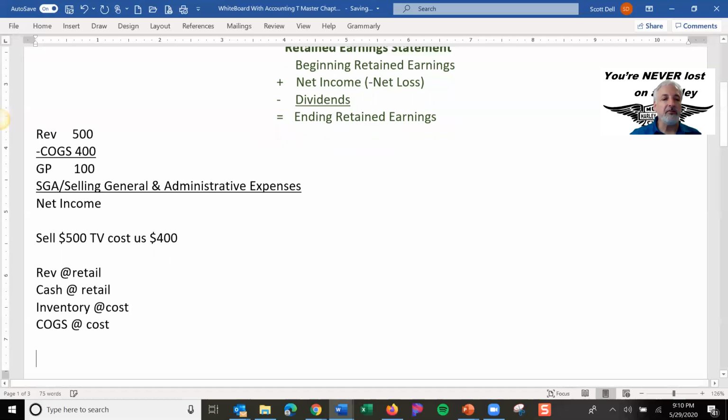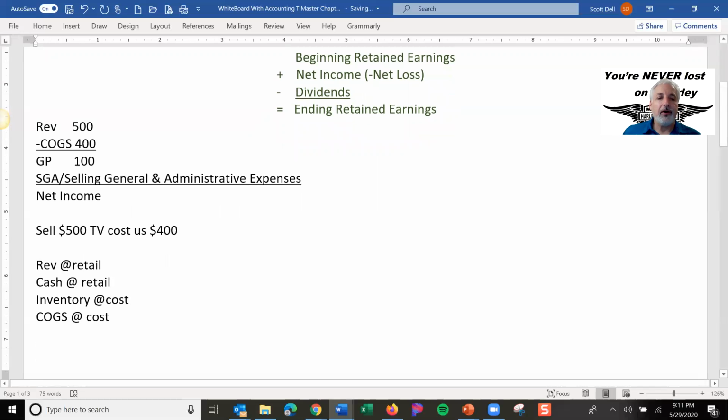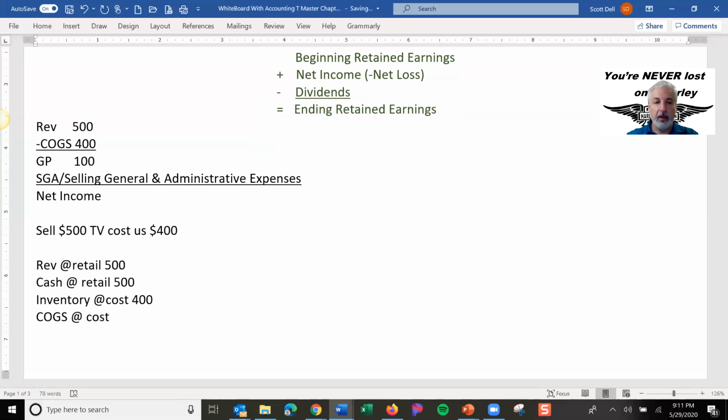So we need to figure out, okay, our retail was 500, not 599. Our retail cash was 500. That's what we got, plus some tax, which we'll worry about later. Our cost was 400, and our cost of goods sold was 400. So what are we debiting? What are we crediting?